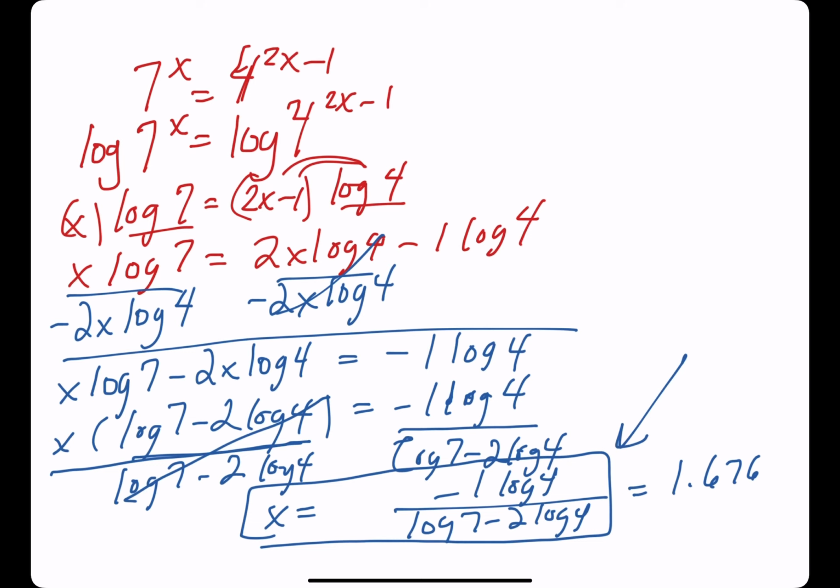Okay, let's try that one more time, because I know you're probably thinking, oh no, what just happened? So, when you have different bases on both sides, you have to start by taking the log, or the natural log, it doesn't matter, of both sides.